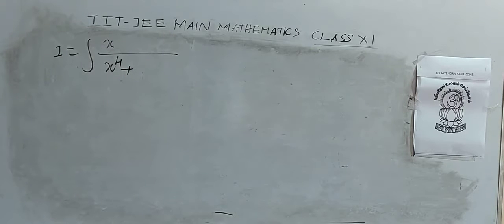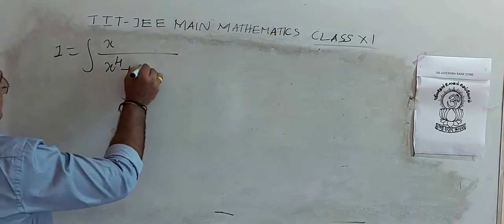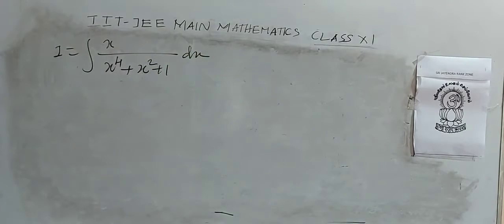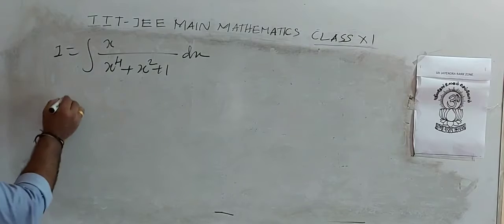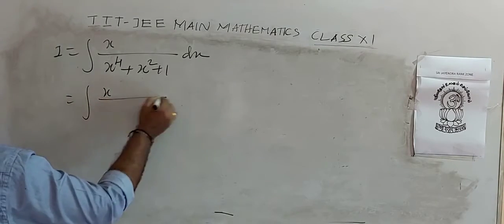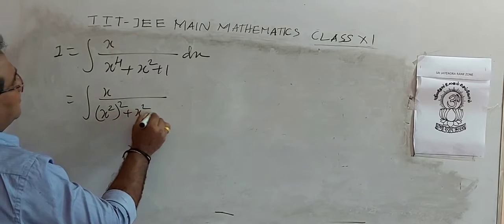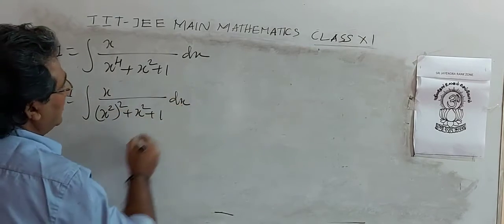Next, integral x by x power 4 plus x square plus 1 dx. In the previous we had numerator ds only. Here we have x by x square whole square plus x square plus 1 dx.